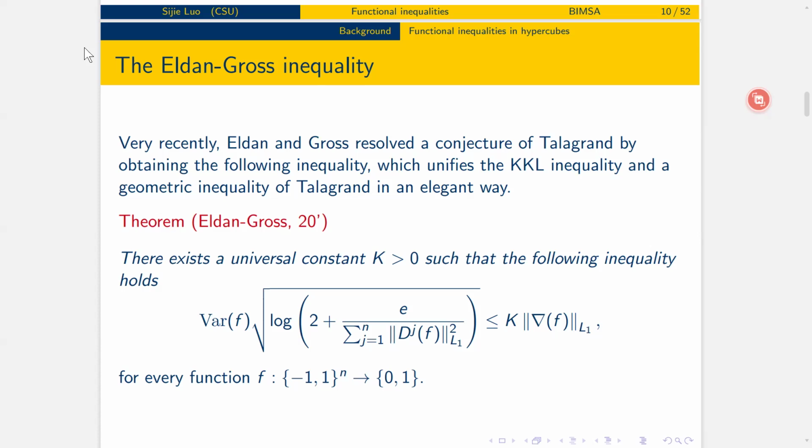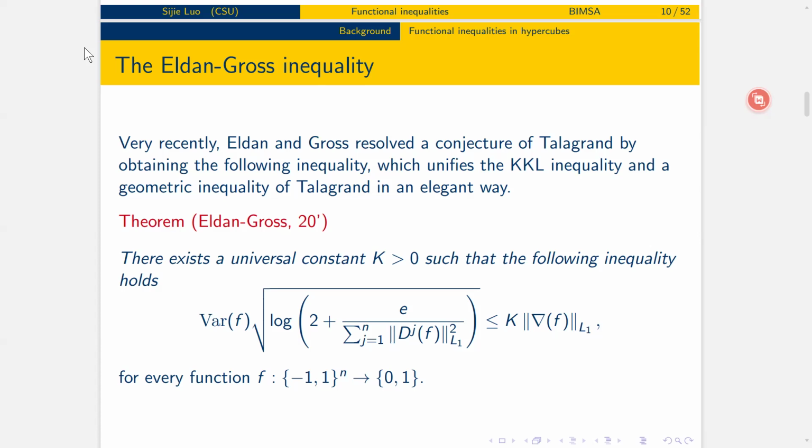This result could combine Talagrand's isoperimetric inequality and the KKL inequality in one form, this way. As we can see here, there is the L1 norm of the gradient of f, so it's smaller than the L2 norm of the gradient at first.